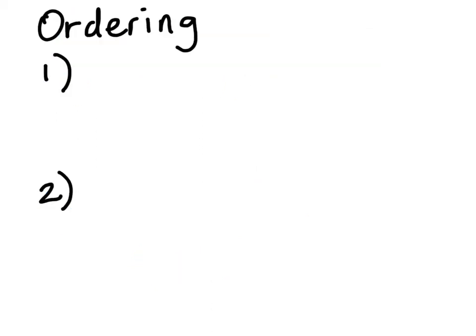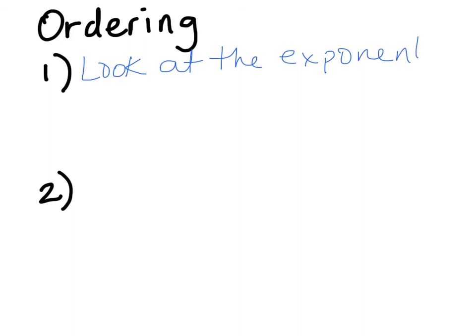All right, now let's talk about how to order numbers in scientific notation. If I'm going to put them in order, let's say from least to greatest, the first thing I'm always going to do is look at the exponents. I'm not going to worry about what the factor is, what the number part is.